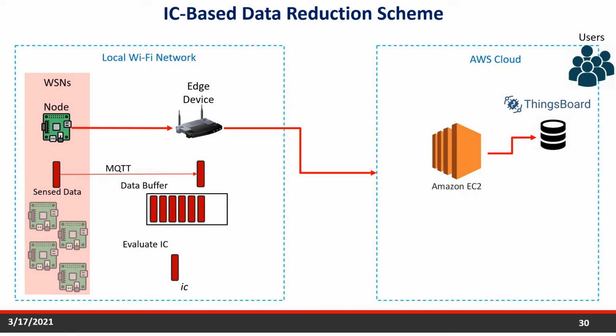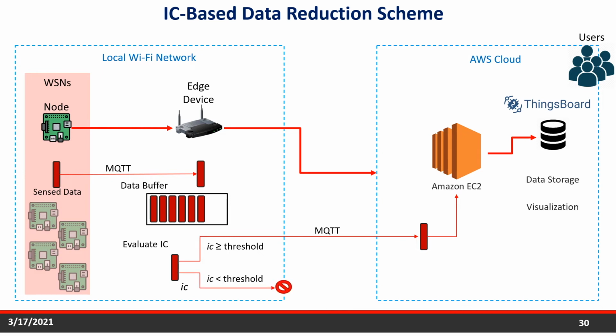If the information content is higher than a predefined threshold, we consider that this data is not redundant and cannot be easily predicted, and the edge device forwards it to our cloud infrastructure. The edge device suppresses the data that has low information content, which improves resource utilization.